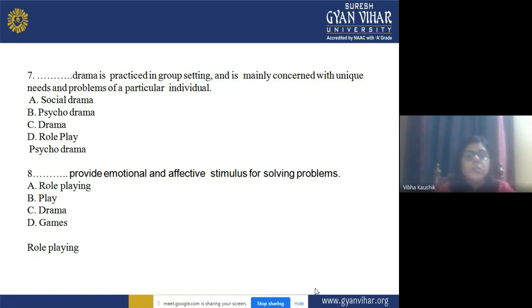Yes students, these are the options A, B, C, D. Now you have to select the correct answer on the basis of the given choices, and the correct answer is option A, that is role play. So we can say role play provides emotional and effective stimulus for solving various problems.